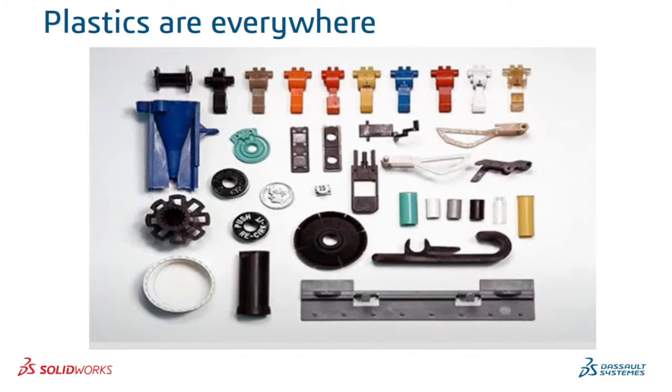The plastics are everywhere. I hope everybody agrees with me on this part. Correct? The mass use of plastics started in the 1950s and has steadily grown ever since. Today, more than 300 million tons of plastics are produced annually.